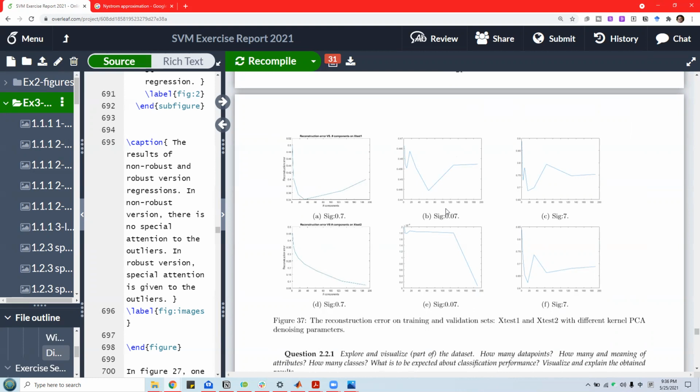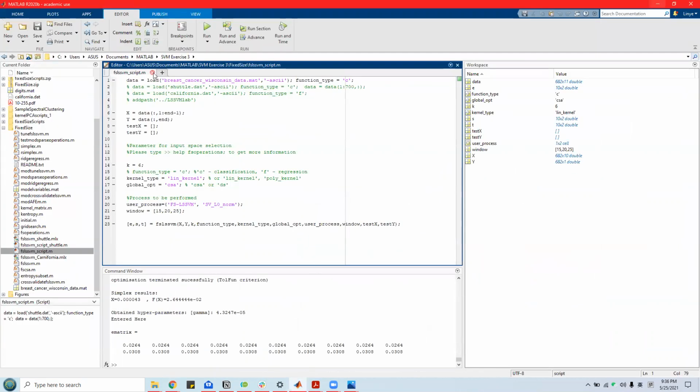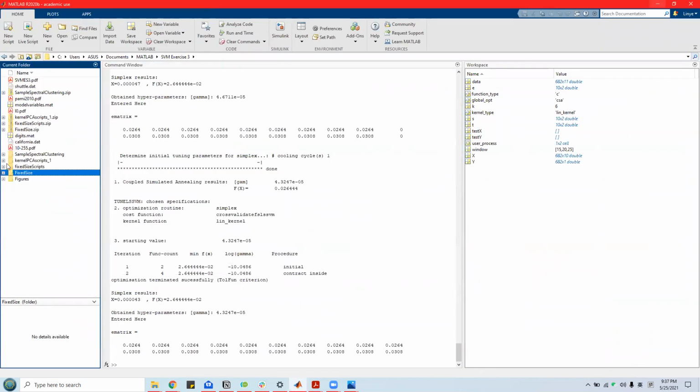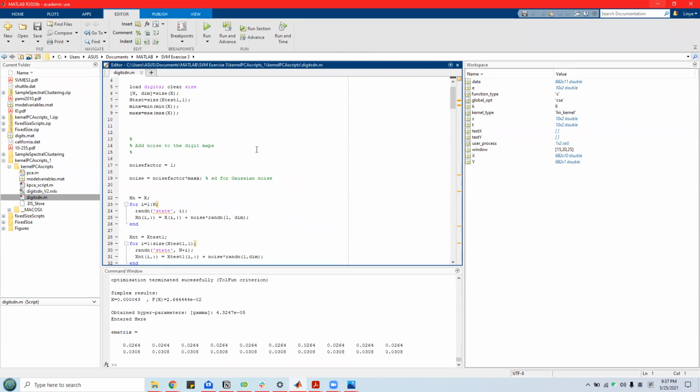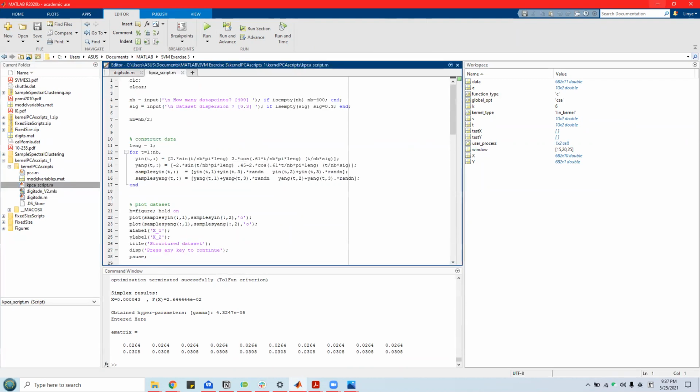If you look at the script, I noticed that they trained the SVM model using the clean digits, which seems strange to me, because in the first exercise, which is also a denoising example, we just used noisy data to train the model and used some of the dominant eigenvectors to denoise.